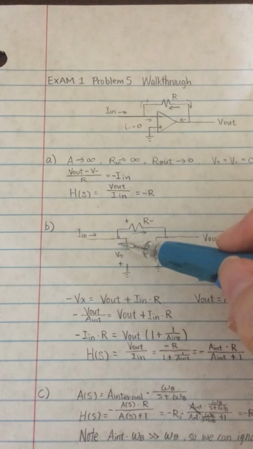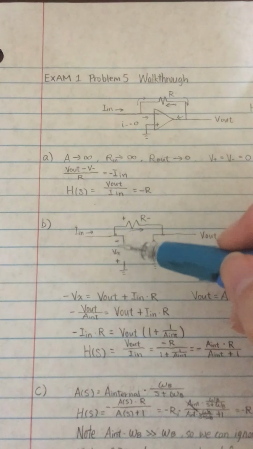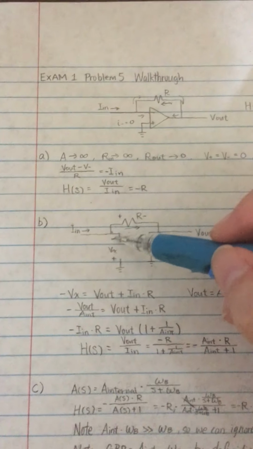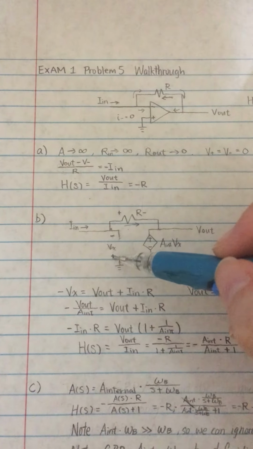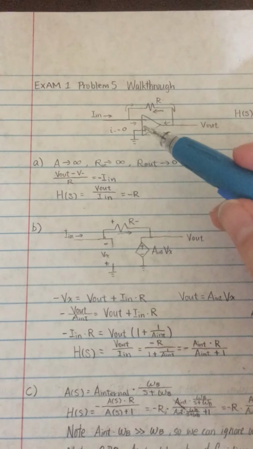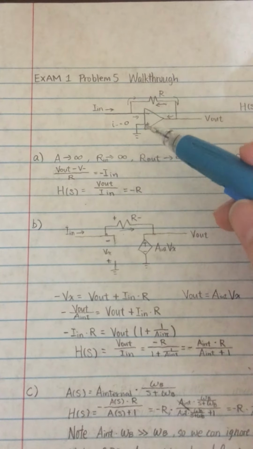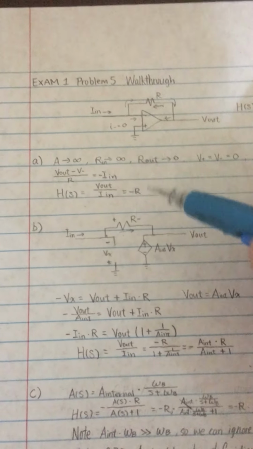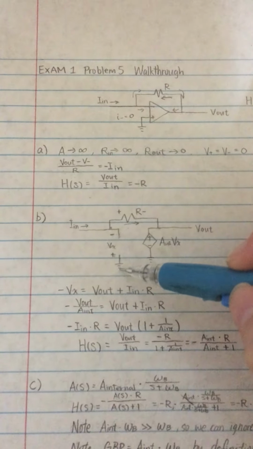Notice that the polarity of Vx here is negative on the top and positive on the bottom, because we have to be consistent with the setup of the circuit here. So positive is connected to ground. We also have positive connected to ground here.